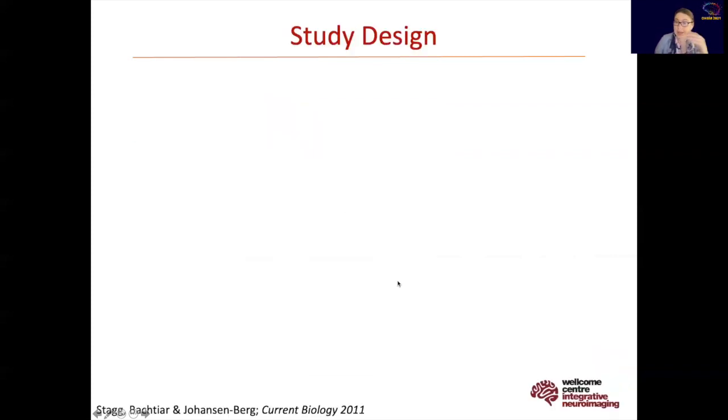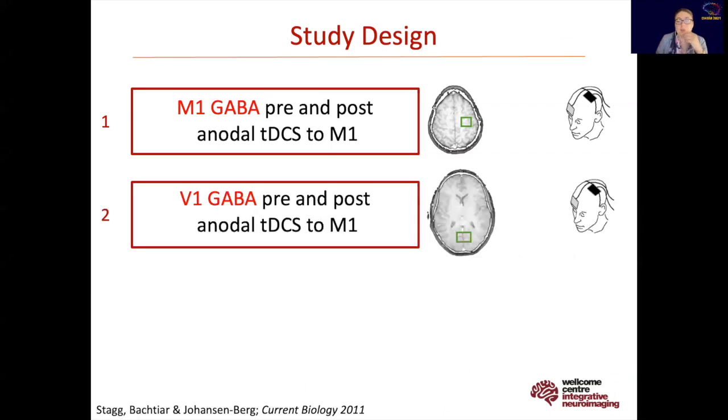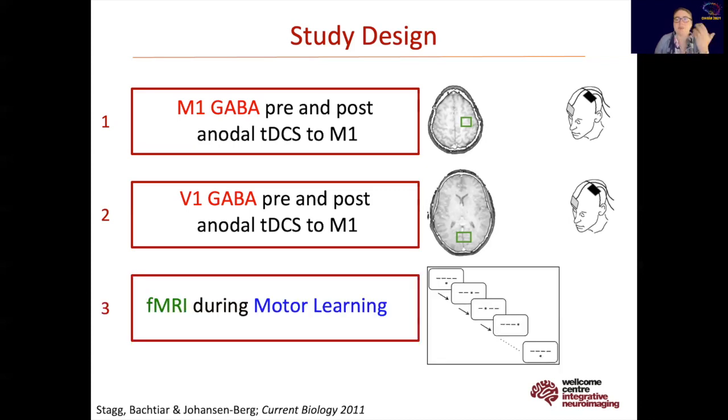I've shown you that GABA decreases in learning. Can we go a step further and try to probe some causality? We can look at GABA levels in motor cortex and how much they change with anodal TDCS, so we can get a metric of GABAergic responsiveness. We can get GABA elsewhere, check that this is specific to the motor cortex, and we can get functional imaging during motor learning to look at the signature.